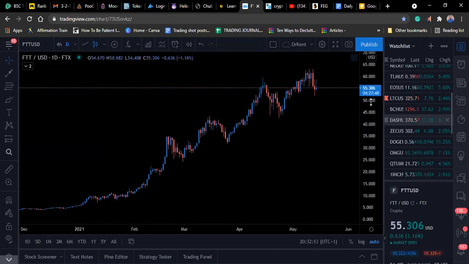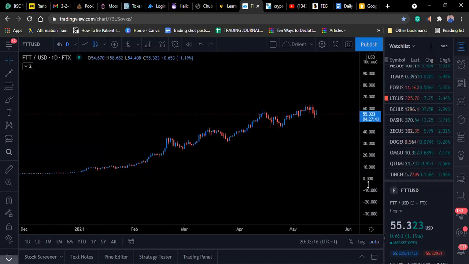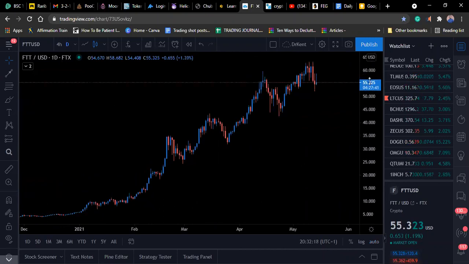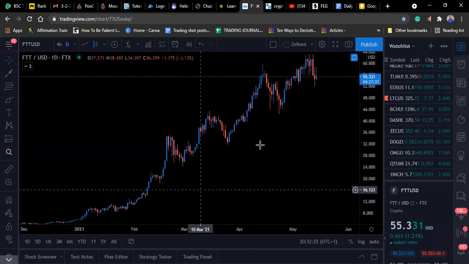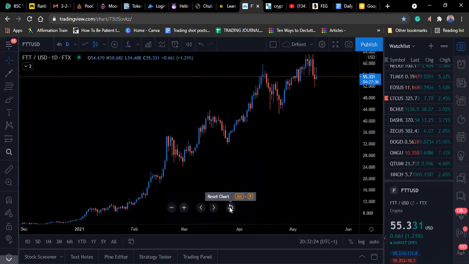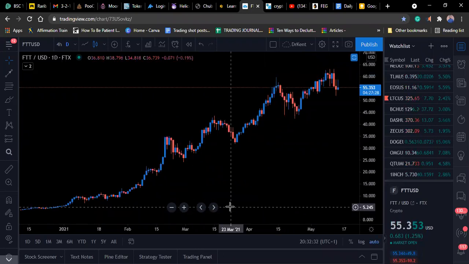You can come to this price line and drag it down, it will shrink your chart, drag it up. If your chart is distorted and you don't like the way it's looking, you come to this reset, this curved arrow, click on it, and the chart will reset to the way it best fits your screen.